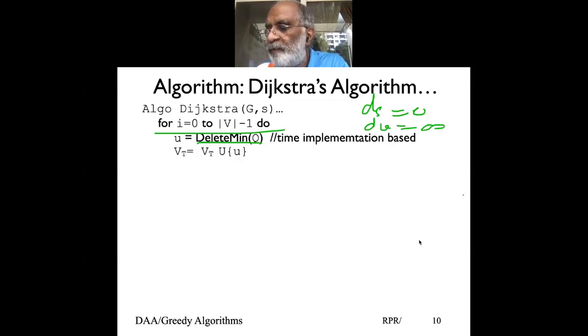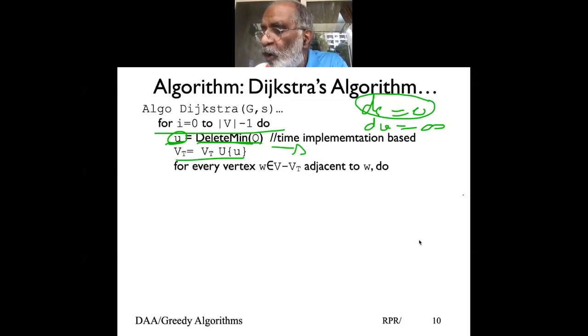So delete-min will give me node s, and now I pick this node and add it to my discovered nodes. Then for all the edges going out from this node u, first time this u would be s, next time it would be some other node.